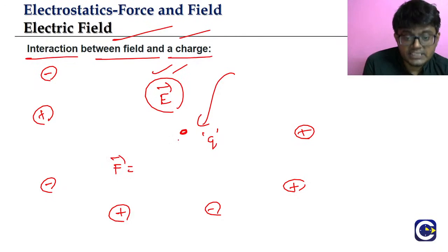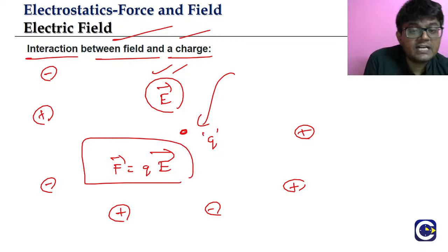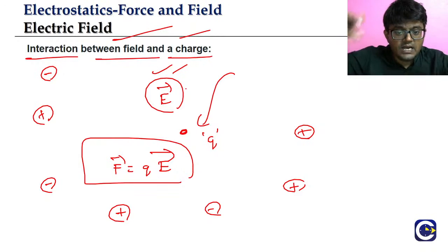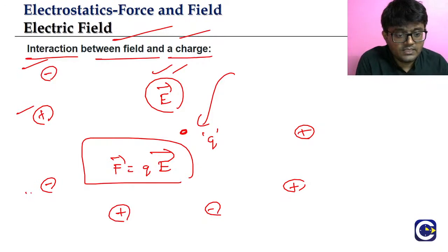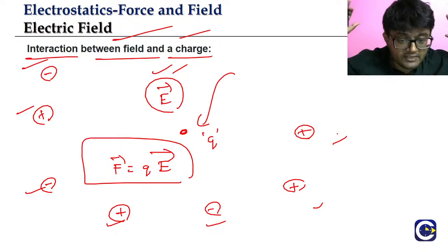Force acting on the charge, பாருங்க, force acting on the charge will be equal to charge times electric field at the location. எந்த இடத்துல நம்ம அந்த charge place பண்ணிருக்கோம் அந்த இடத்துல let's say the electric field is E bar. எப்படி இந்த electric field வருது? It is coming due to the surrounding charges. அந்த location surroundingல there are charges, right? The surrounding charges will develop the electric field.